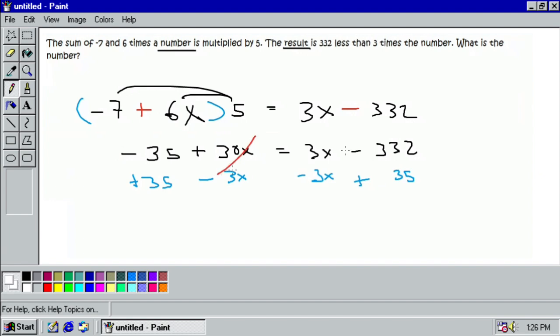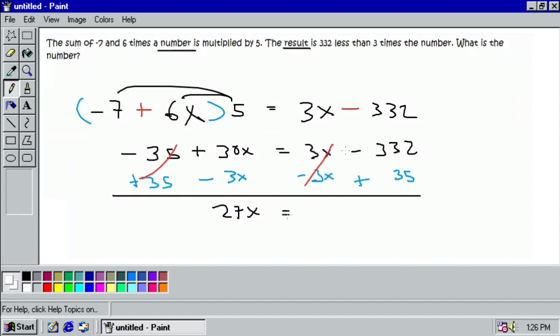So this cancels and this cancels, giving us positive 30 minus 3, which is 27x, and negative 332 plus 35 gives us negative 297.